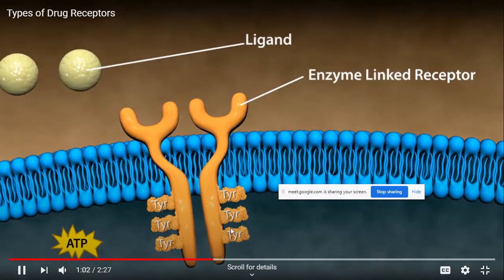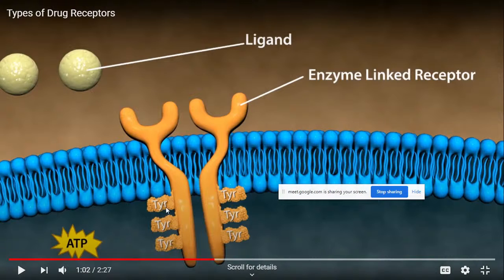Now enzyme-linked receptors. This is an example of the enzyme-linked drug receptors. These are the receptors and this is the enzyme. These ligands, this ball-like structure, will bind here, and because of their binding there is activation of the enzyme, causing phosphorylation of this enzyme, known as tyrosine kinase.